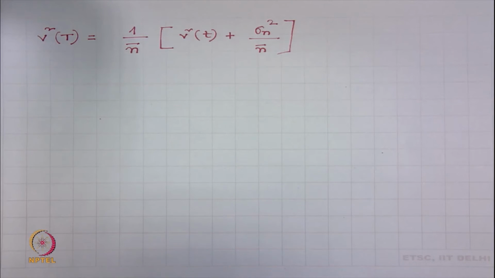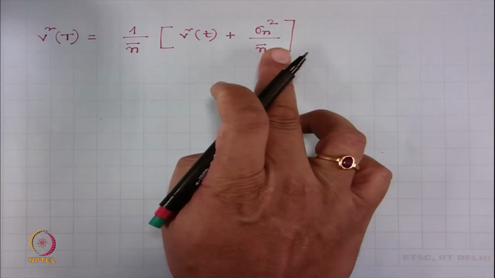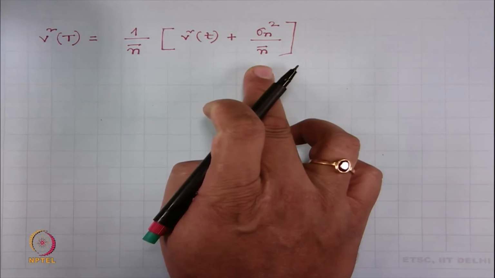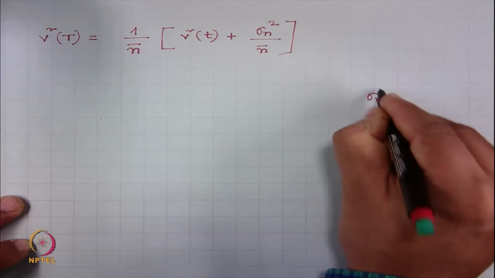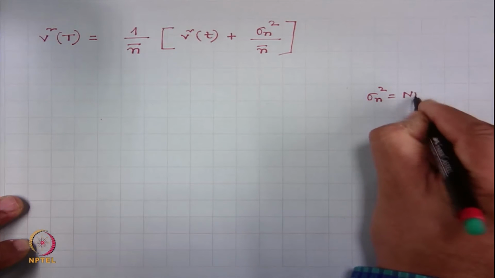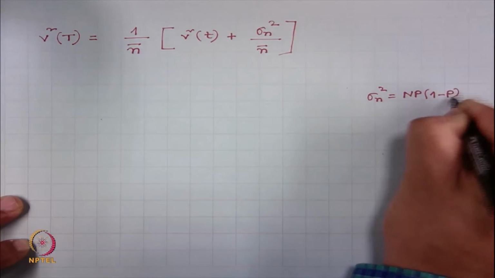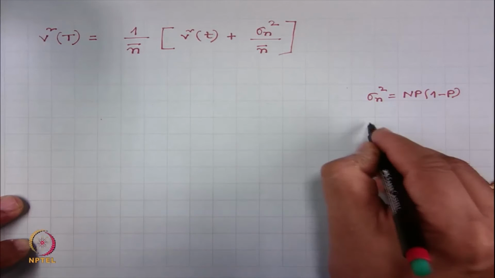Okay. We substitute variance and mean from the binomial distribution. What was the variance? This was the variance, and what was the mean?